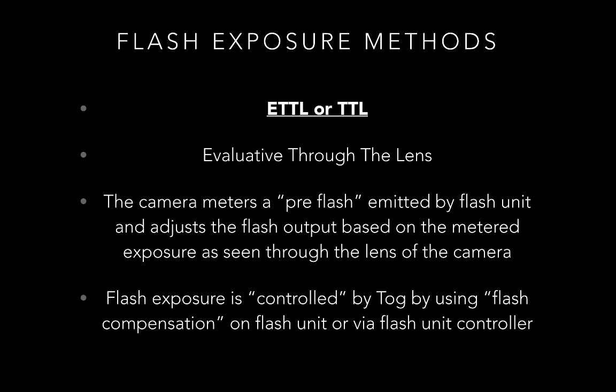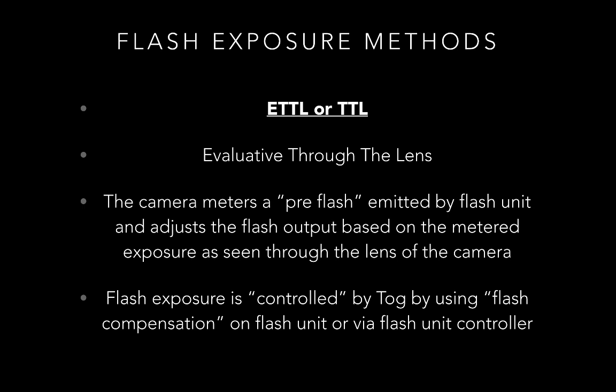Flash exposure is then controlled by the photographer using the compensation only on the flash unit via the flash unit controller. So if you're using TTL, then you set your flash to TTL. All right, you start taking exposures. That pre-flash combined with the metering of your camera is going to set the power output of your flash unit.